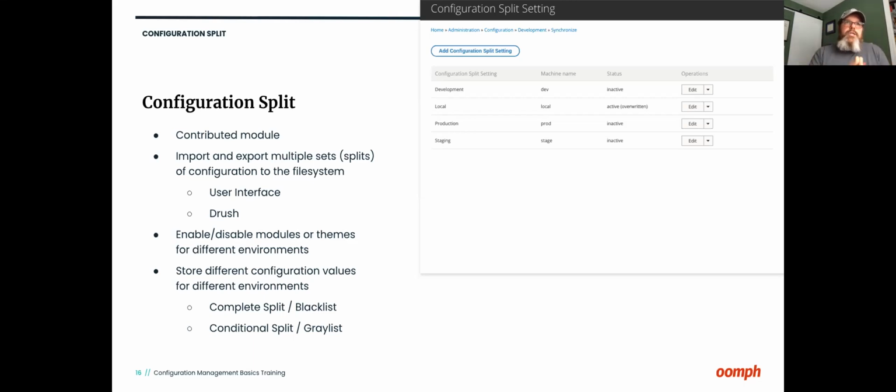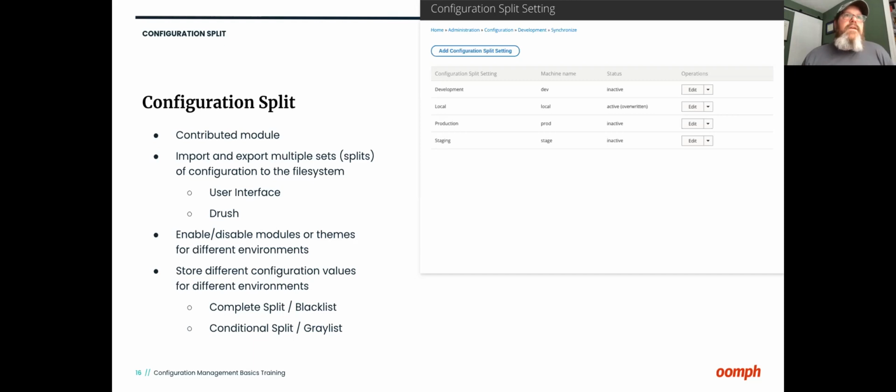And then in your production split, you could say, okay, don't install Views UI for this split. And then through your CI/CD pipeline, the site would get deployed. And it would say, hey, this is the production site. We're using a production split. Config import that split, and that would prevent Views UI from being installed.